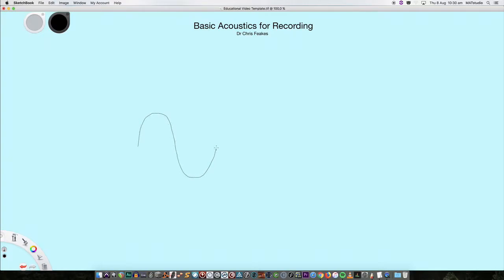It proceeds through the air as a wave, a series of peaks and troughs in pressure. And we're all quite happy and familiar with that. But what happens when it hits something? A wall, for example. Let me draw in a wall here. We know that sound reflects.